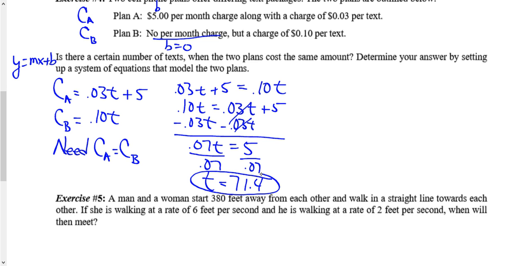It was just per text. So there is no full number of texts where they'll be equal. Does that make sense? At 71 they'll be close, at 72 they'd be really close, right? So maybe that's enough for you to make a decision.